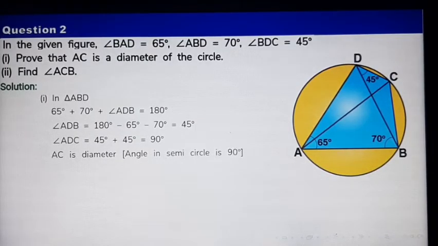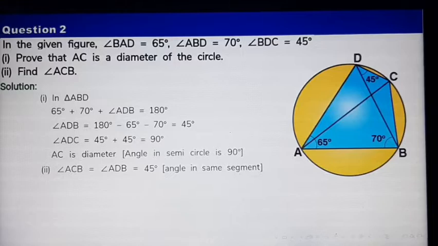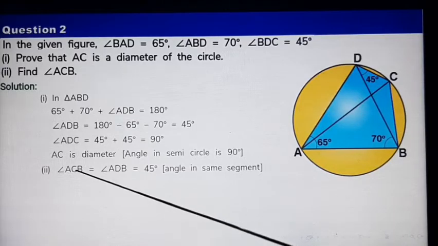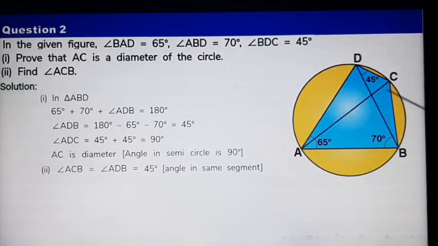To find the second part, we have angle ACB equals angle ADB. Let us see where angle ACB is. ACB is this angle, right, which we need to find. And where is ADB? ADB is this angle, right? Now if I call this my segment, AB is forming this segment, and from AB two angles are drawn.